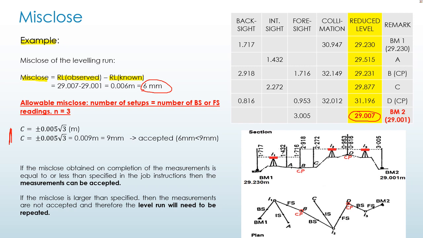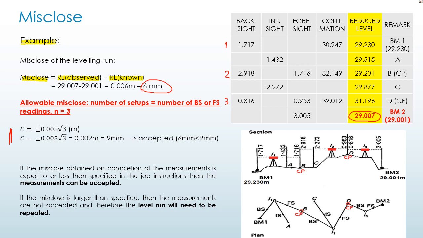In this case, using the formula 5 millimeters times the square root of the number of setups. If you don't have the diagram here, you can calculate the number of setups from the number of backsight readings or foresight readings. How many backsight readings you have, that is the number of setups: 1, 2, 3, or number of foresights 1, 2, 3.